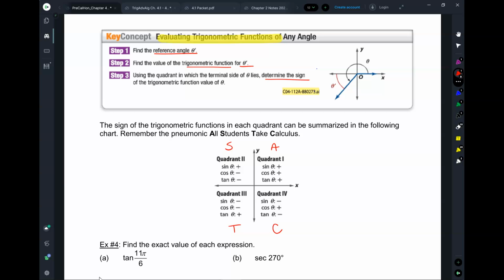So here when it says all, A for all, everything is positive: sine, cosine, tangent. So if you draw your angle and the terminal side is here, all of the functions are going to be positive. If your angle ends up here, then only sine is positive and everything else is negative.